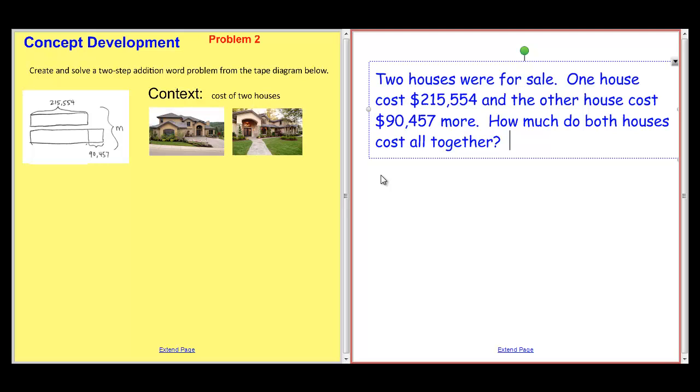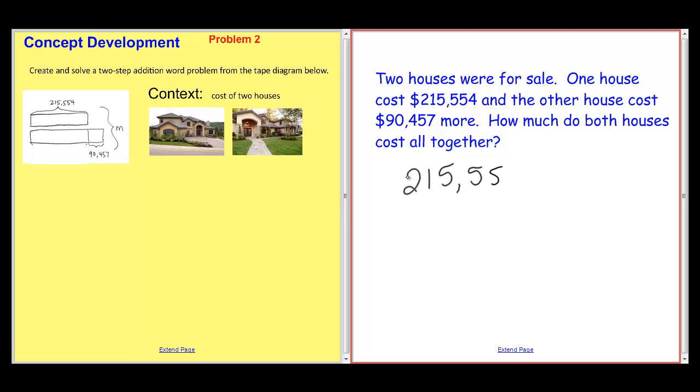Okay, so now I'm ready to solve this problem. So, first of all, I'm going to figure out how much the more expensive house costs. So if it costs $90,000 more, then that means I'm going to have to begin by adding $215,554 to $90,457.